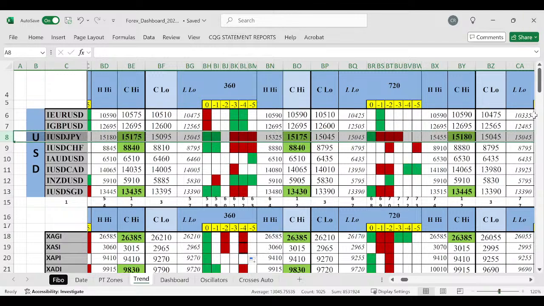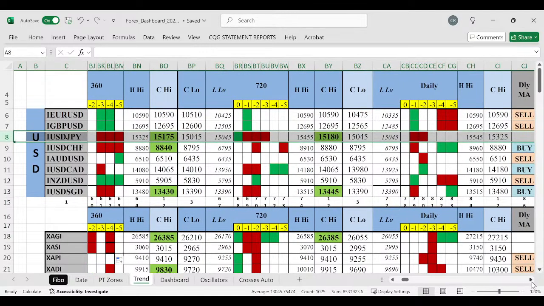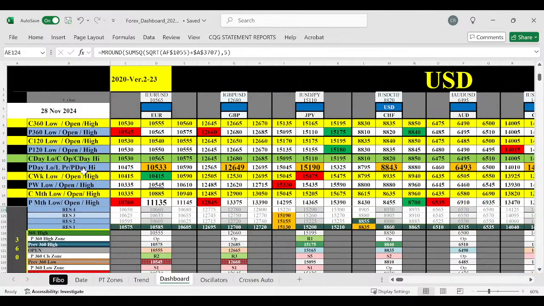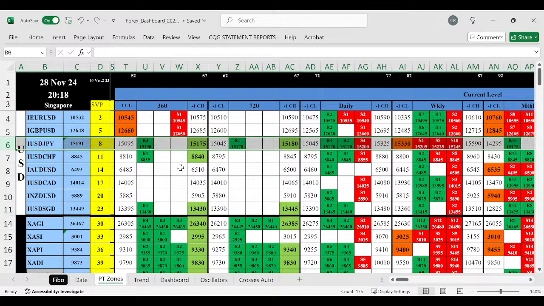This is a 360 extension, and I wouldn't call it an uptrend because the downtrend is still strong. Okay, so if we look into our PT zones, we should be looking to sell. Right now is 151.90, so we should be trying to sell at RR2 on the 360 and maybe SR2 on the daily, and this should be the level.